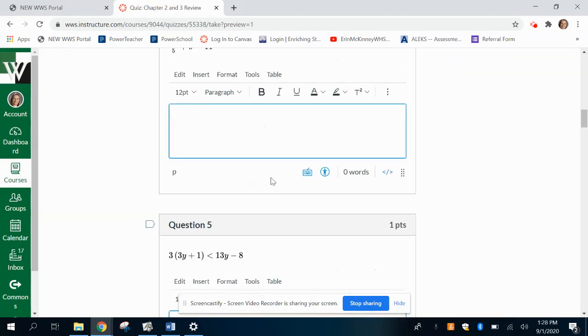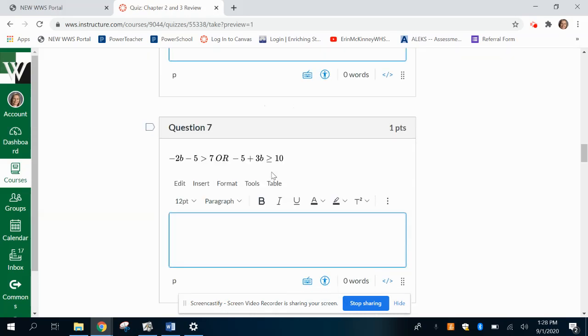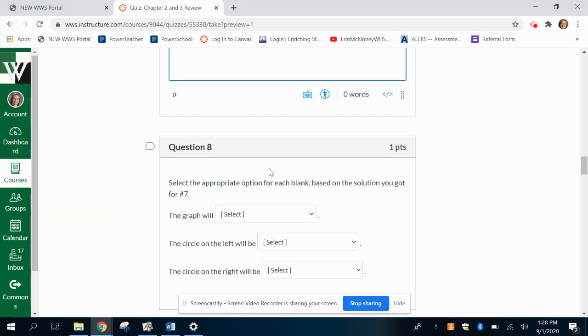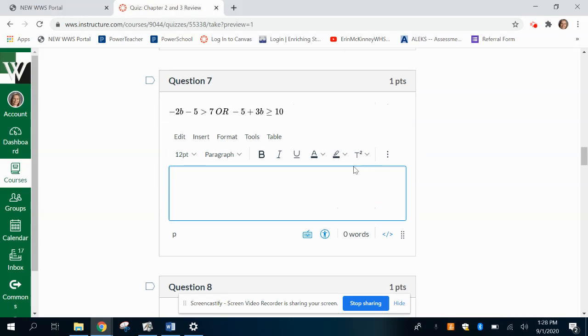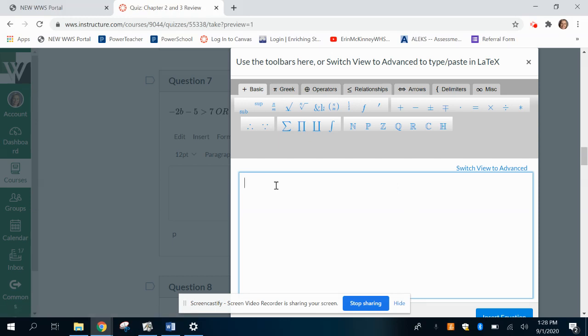If you have something with fractions, right here, you'd be typing them both in. So number 7 for compound. You can do this all at once. So you're going to type in that whole entire answer. Let's see. We had D was less than. You can do less than with your keyboard or select it from the relationship. -6 or, right?